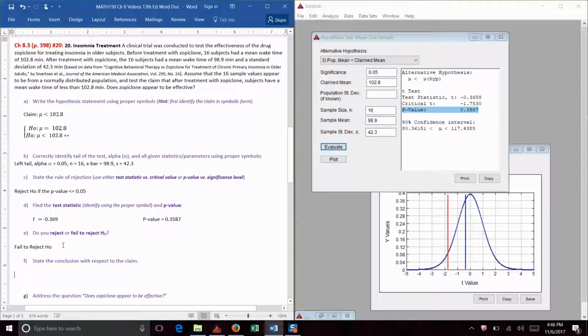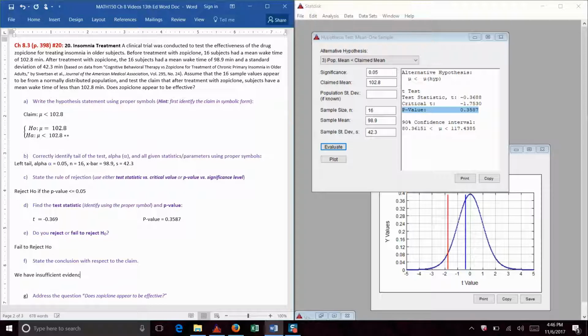Whether we rejected or failed to reject the null hypothesis, that's going to tell us whether or not we have the evidence. And then where in the hypothesis statement is our claim represented. It's in the alternate, so it's going to be about whether or not we can support this claim. We failed to reject, so we don't have the evidence.